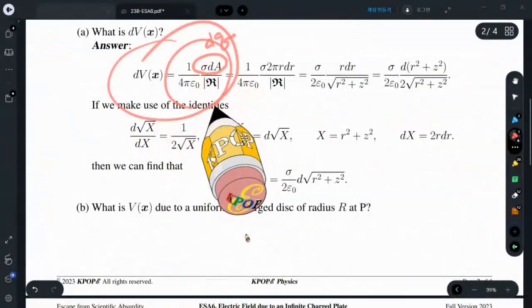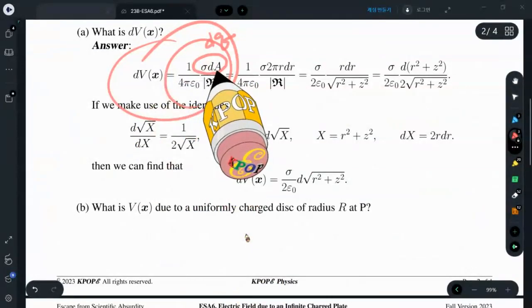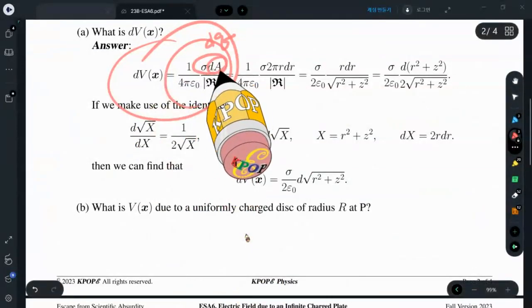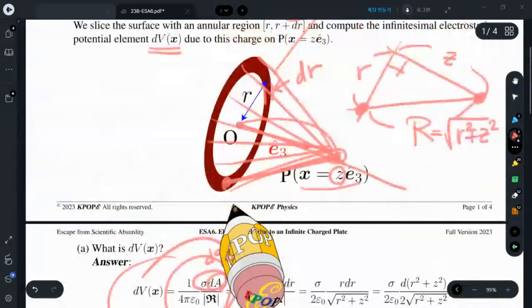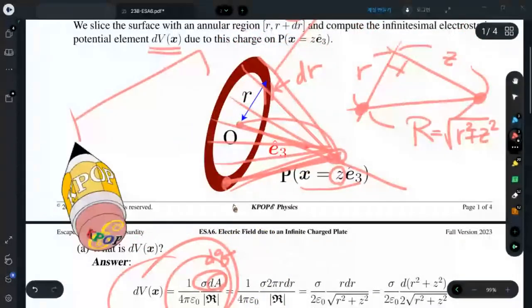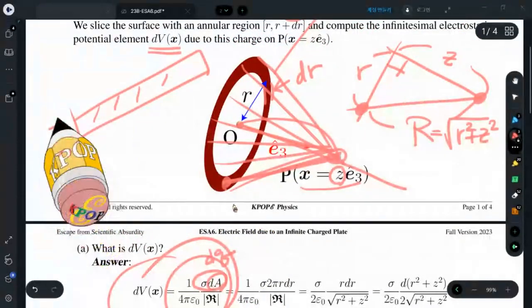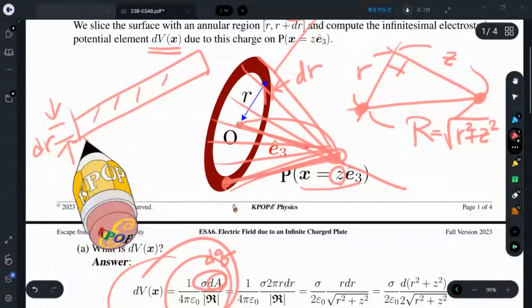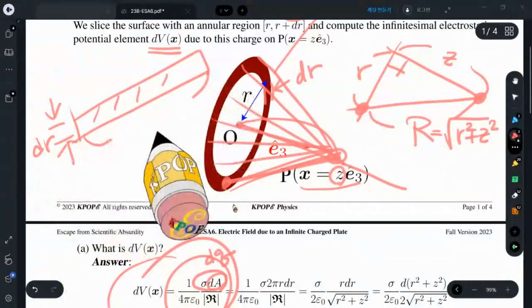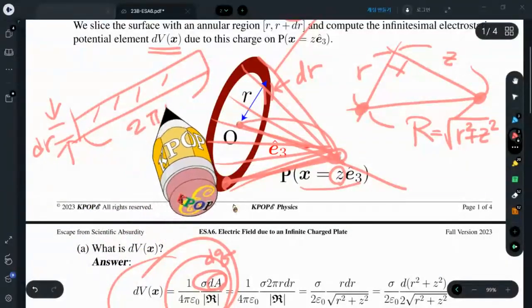Therefore, in this formula, what I replace for the area is the annular region. This annular region is a band with width dr, and the length is 2 pi r.